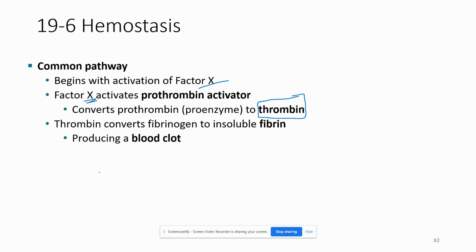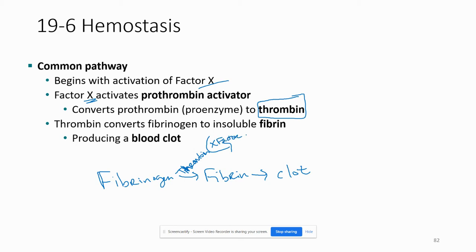So remember, it goes from fibrinogen to fibrin to a clot, and thrombin is the one that gets us from fibrinogen to fibrin. Thrombin has to be activated by factor X.